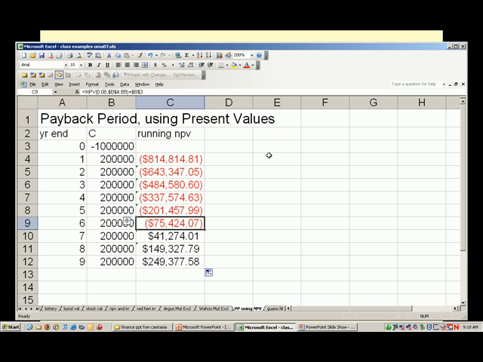It takes us all the way to year 7 to generate sufficient future cash flow to cover our initial cash outlay. And then if the project lasts 9 years, we have a nice, about $250,000 positive NPV.